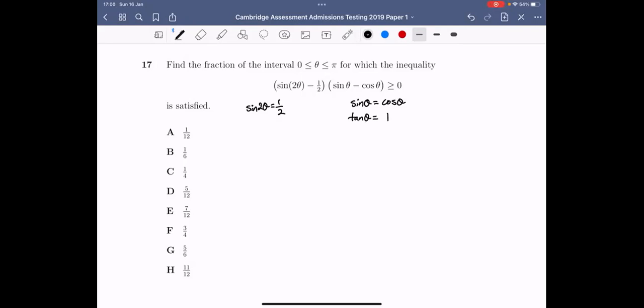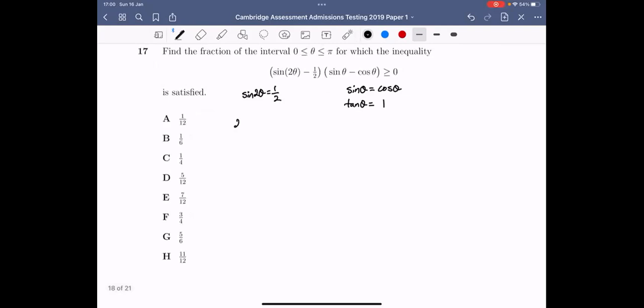Okay, so this one's in radians. All right, great. So 2 theta is equal to pi over 6 and 5 pi over 6. So that theta is pi over 12, 5 pi over 12. And this is only pi over 4. Yep.